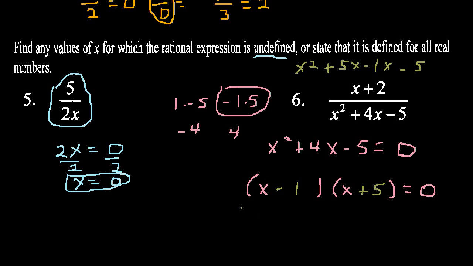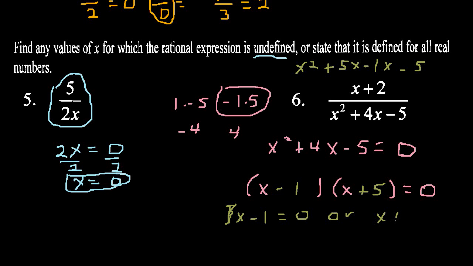Now if you remember, the zero product principle states that if you have two factors that multiply to give you 0, then either the x minus 1 must be equal to 0, or x plus 5 equals 0.